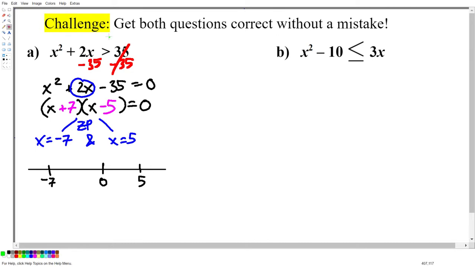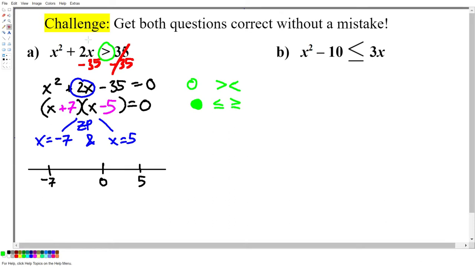So let's see. Did you put an open circle or did you put a closed circle? Remember, open is going to be for greater than or less than symbols. Closed is going to be if it's including our solutions. So less than or equal to, greater than or equal to.